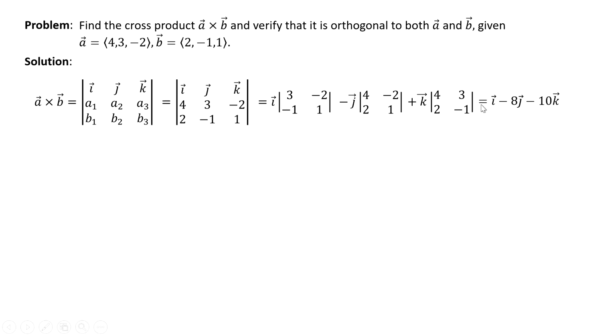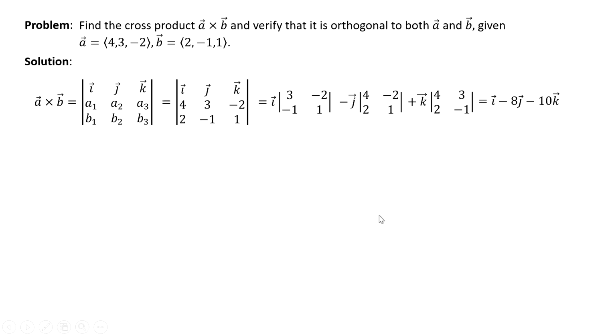So 1 times I. Got that. 4 times 1 is 4, minus 2 times -2 becomes 4 plus 4 is 8, but we have a minus here, so minus 8J. 4 times -1 is -4, minus 6 is -10, and that's why this is -10K, right? I'm sure you already knew that.